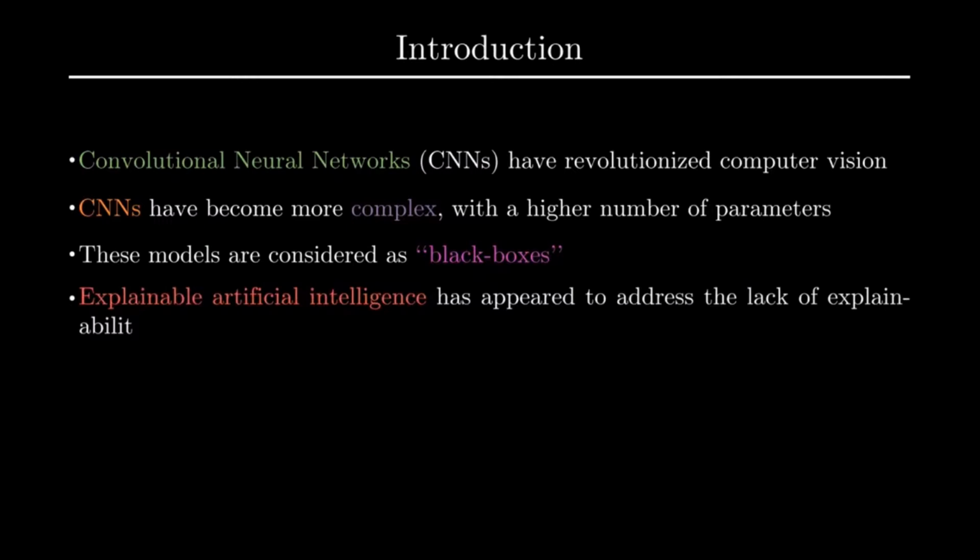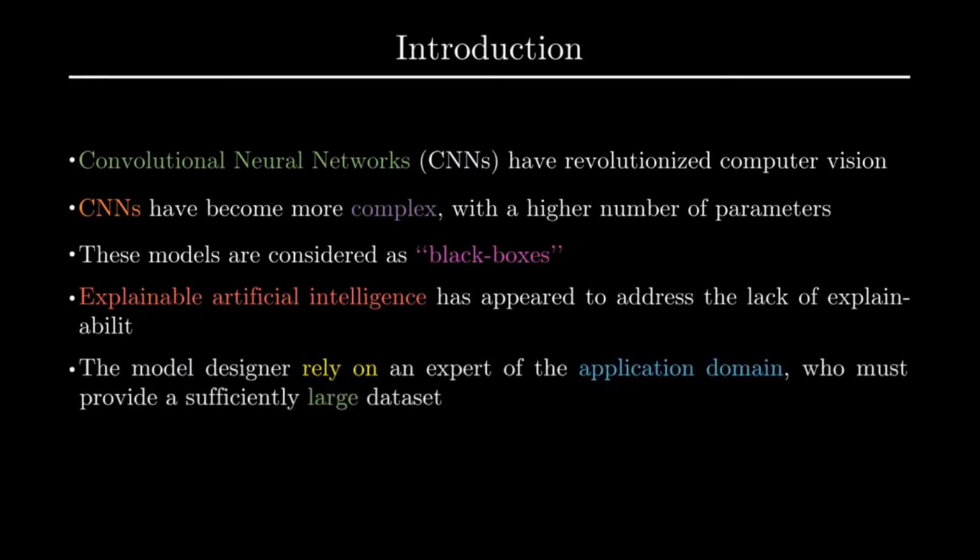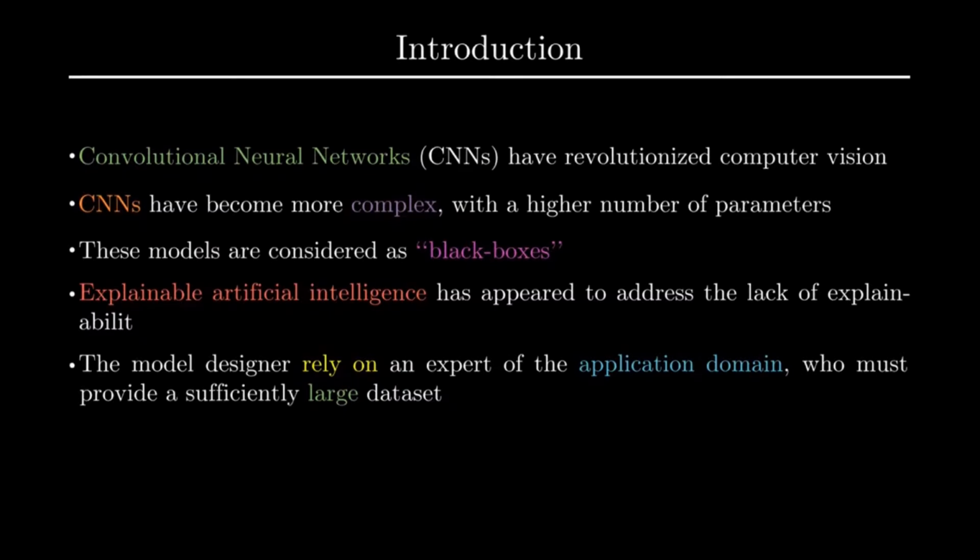Besides choosing a suitable architecture and training hyperparameters, the designer might also have to count on an expert of the application domain who must provide a dataset with a sufficient number of correctly annotated samples for the model's training. Even though recent studies have focused on the first problem, none of them have considered exploiting both raised points.